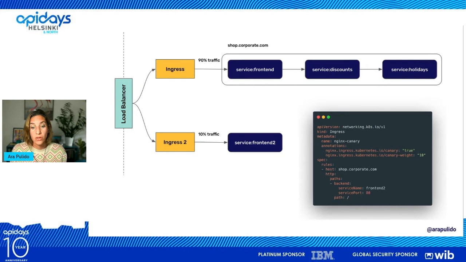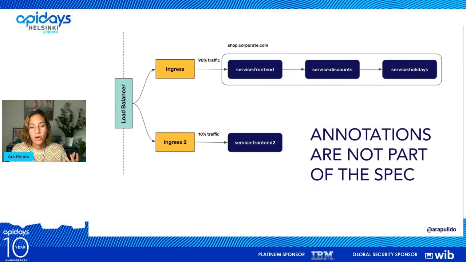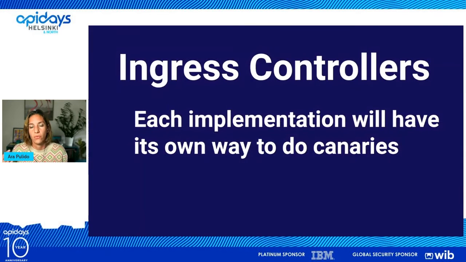But annotations are just metadata. They are not part of the object spec. So the Ingress object doesn't have the capacity to add canaries, but because it's a place where we shift traffic very early into our cluster, those implementations are starting adding different ways of adding that.